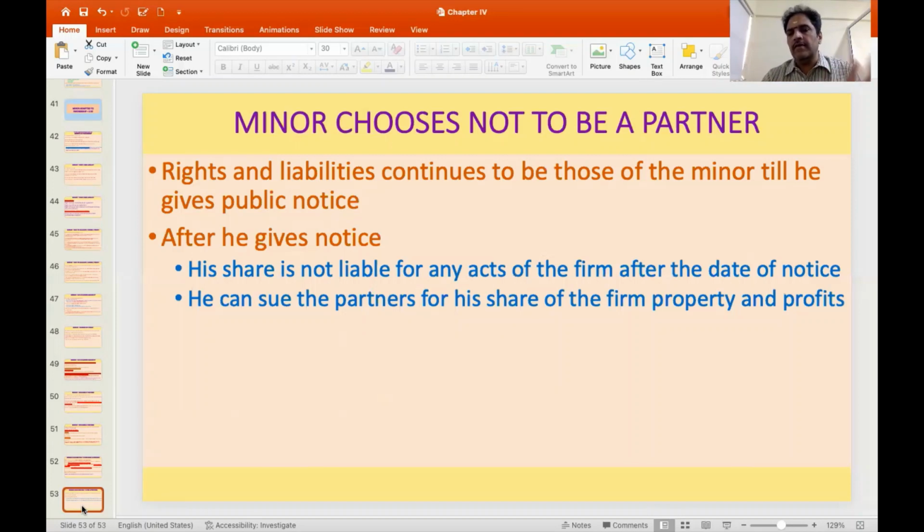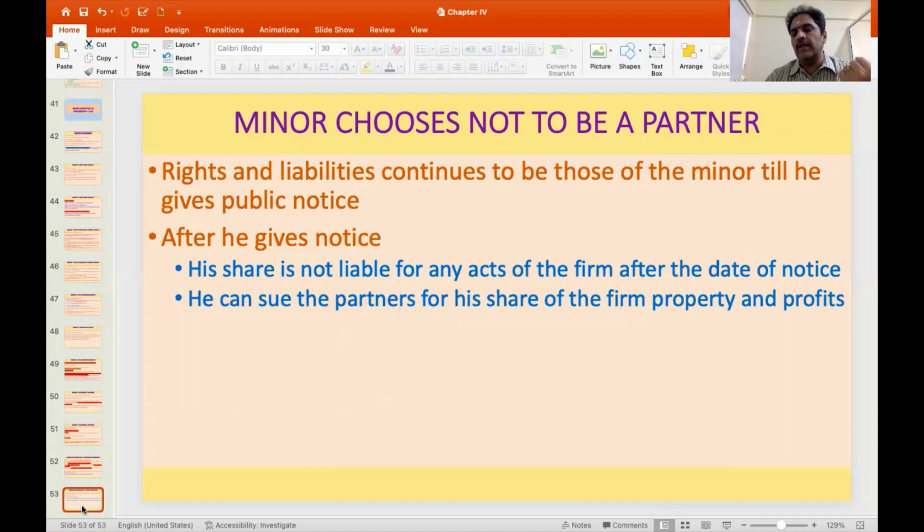In this section 72, there are two variants for public notice. One, for a registered firm, what is the procedure, and two, for an unregistered firm, what is the procedure. For a registered firm, there has to be a notice given to the registrar. The second thing that has to be done is a notice has to be put in the official gazette.